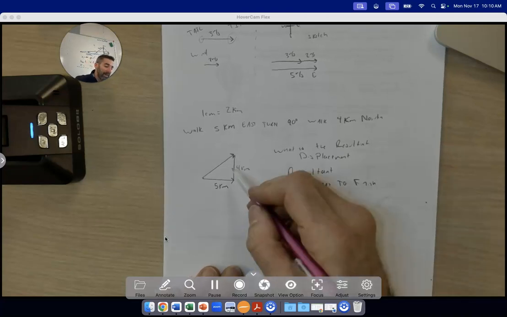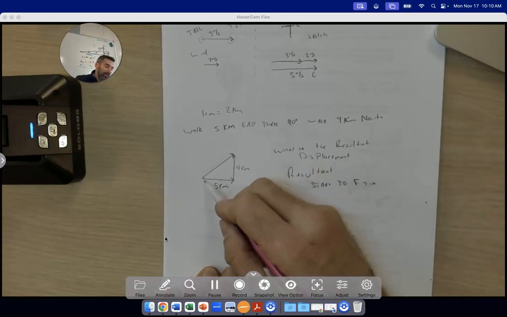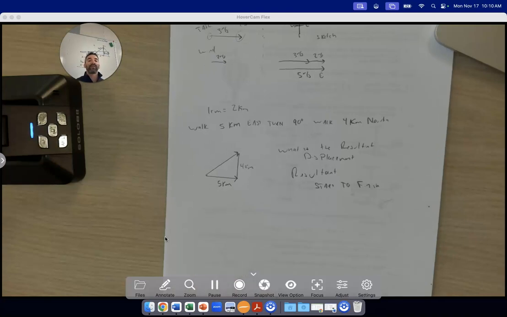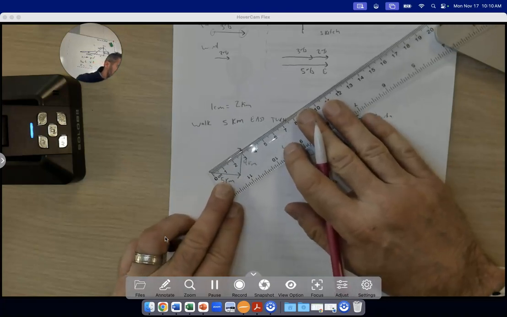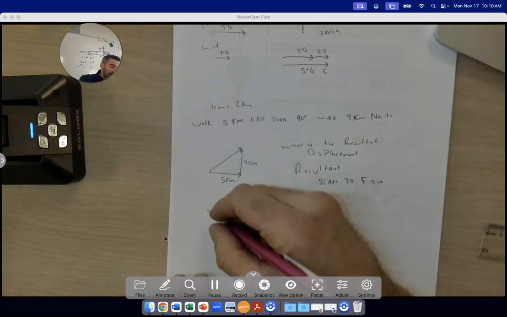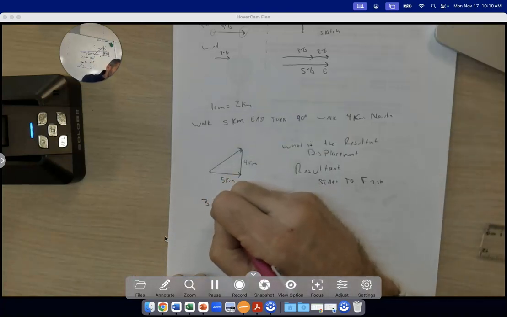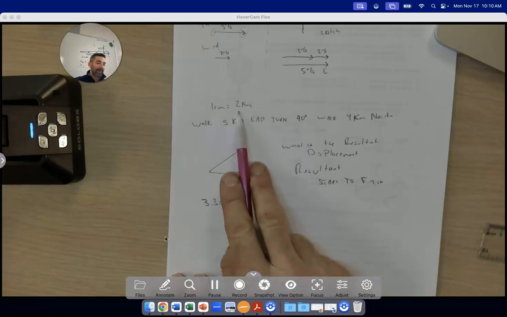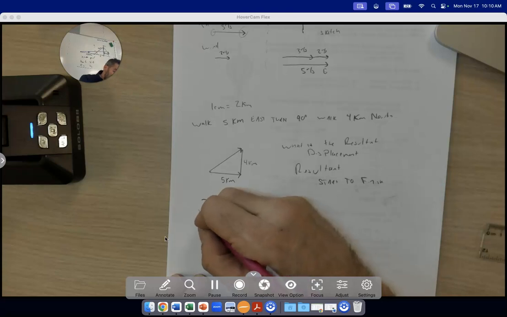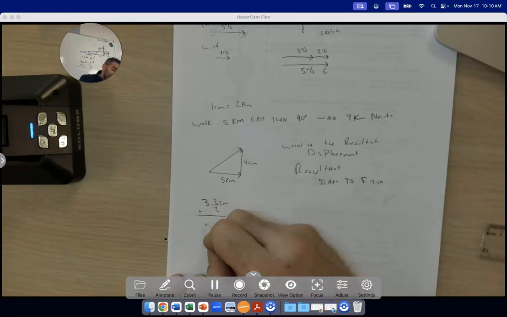There's my resultant. It goes from start to finish. I know I can do Pythagorean theorem, but we're drawing this to scale, and since I use the ruler, all I need to do is measure this, and that is 3.3 centimeters. Since my scale is 1 centimeter is 2 kilometers, I multiply that by 2, and my resultant is 6.6 kilometers.